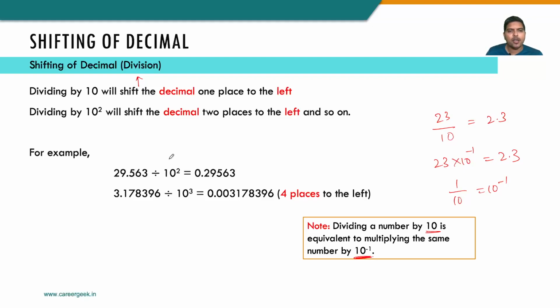When you're dividing by 10 power 2, what happens? You have to take 2 places to the left. If this is multiplication, 2 places to the right. If you divide, 2 places to the left. So it acts the opposite way in division, basically, to that of multiplication. Now 2 places, this will go here and this will go here.